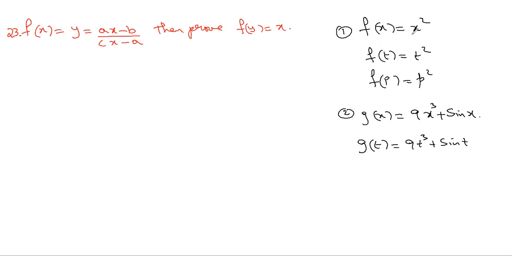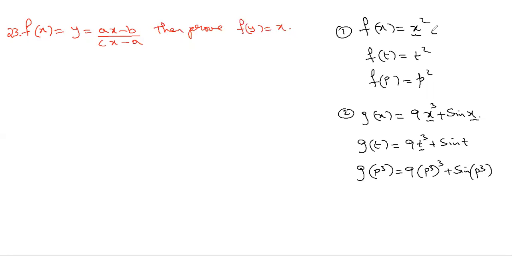So whether x appeared once or twice, how many other times x appeared, that x is replaced with the t. Suppose g of p cube is given. Then what you do, 9 into, in place of x you write p cube plus sine p cube.